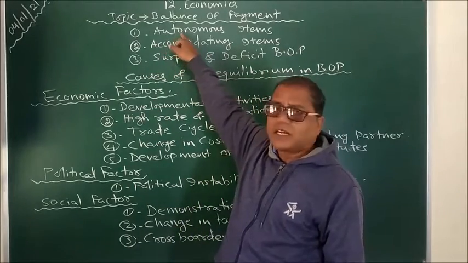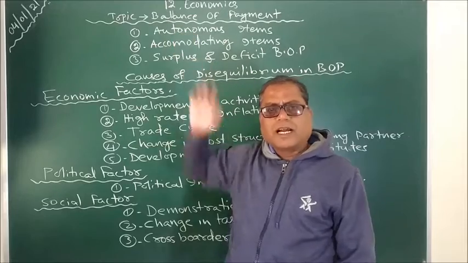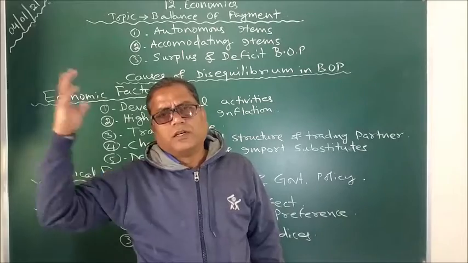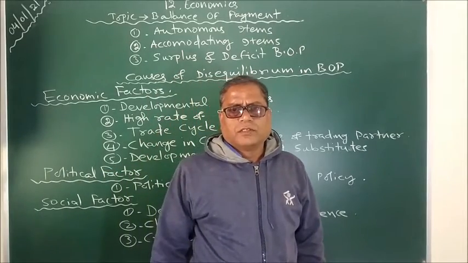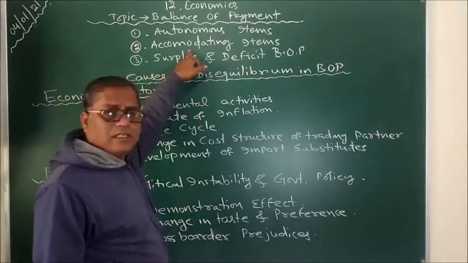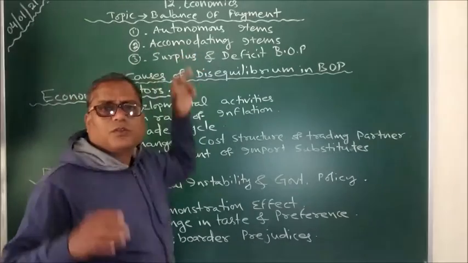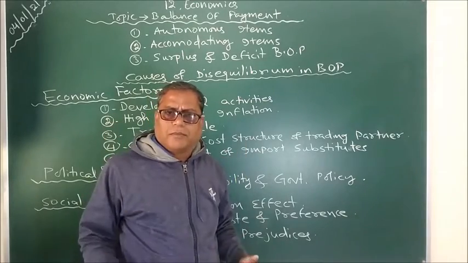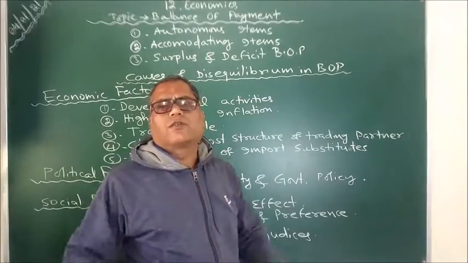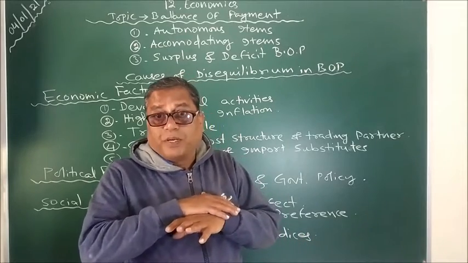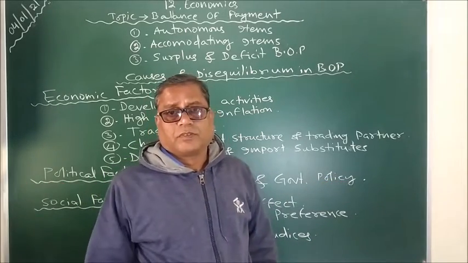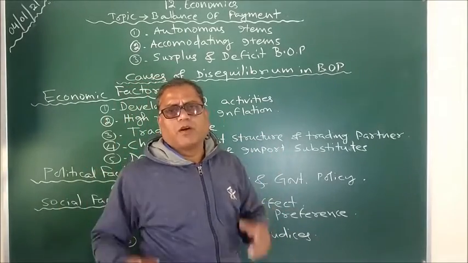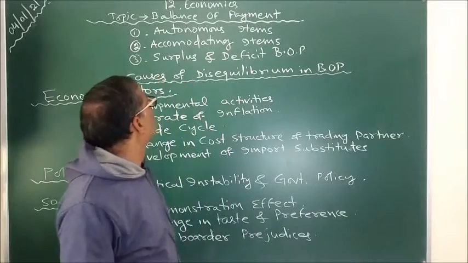So autonomous transactions can take place between our residents and ROW, but accommodating items are those transactions that are done or maintained in order to establish BOP status. That means to make the credit and debit side of the balance of payment statement equal.